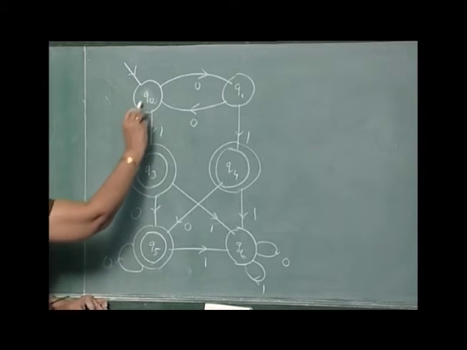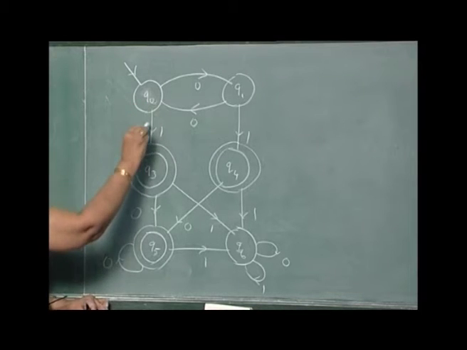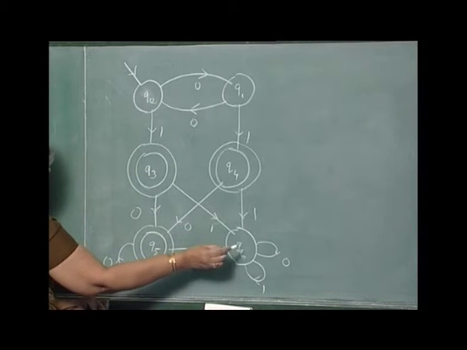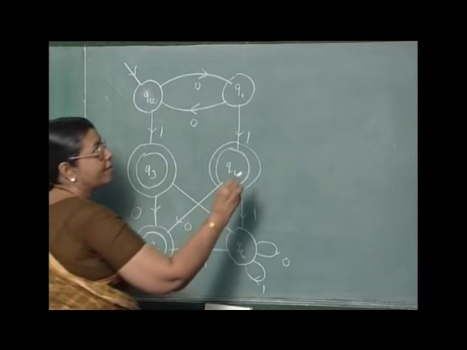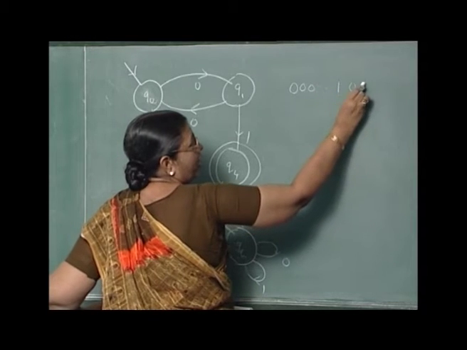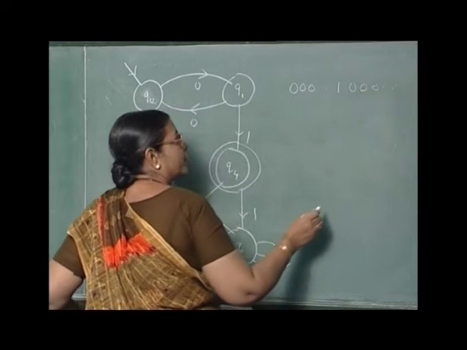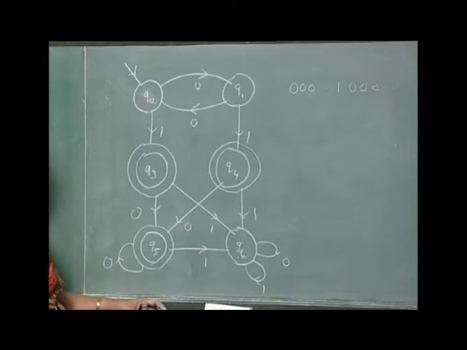But if a string does not contain a 1, it will not be accepted. If it contains 2 or more ones also, you go to Q6 and it will not be accepted. So, the set of strings accepted will be a sequence of zeros with a 1 followed by a sequence of zeros. Just 1 alone can also be accepted.